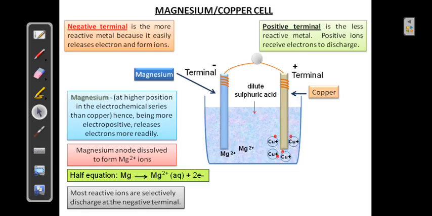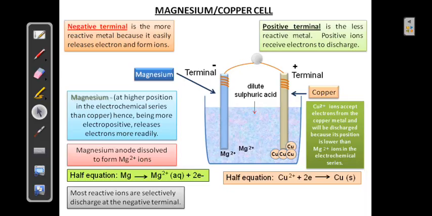Then the electrons from the circuit will travel to the copper metal, and the electrons will get donated or given to the copper 2 ions. So copper 2 ions will then be discharged.